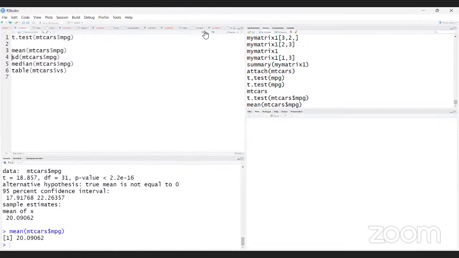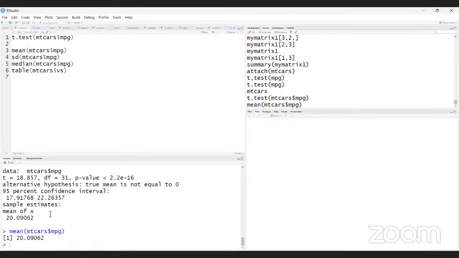So now I am getting the T value 18.85786, 18.86. DF is 31. P value is highly significant. That means it is highly significant.